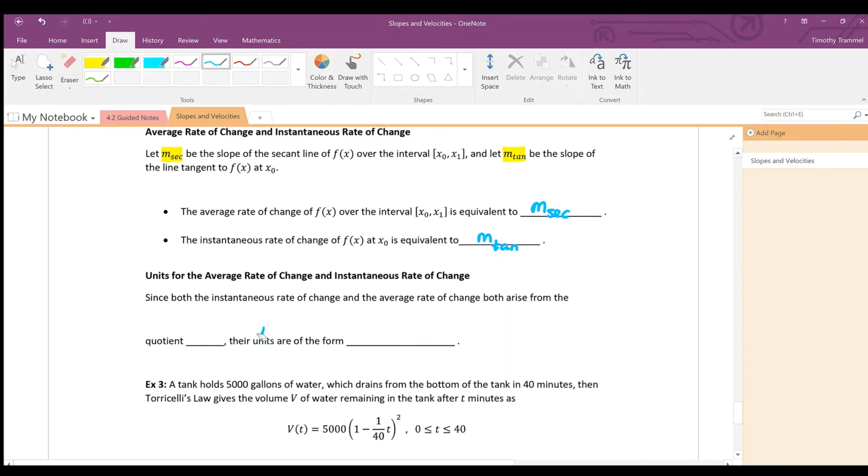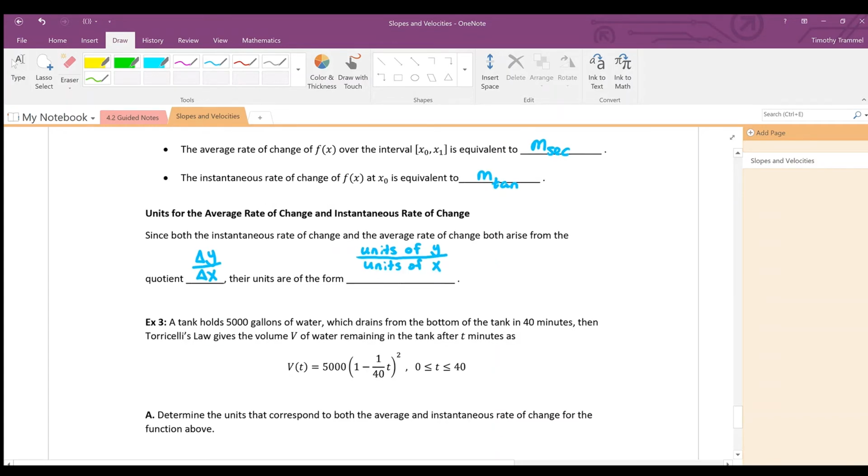Because both the instantaneous rate of change and average rate of change come from investigating this quotient right here, they both end up having the same units, which are going to be whatever the units are for y over whatever the units are for x.